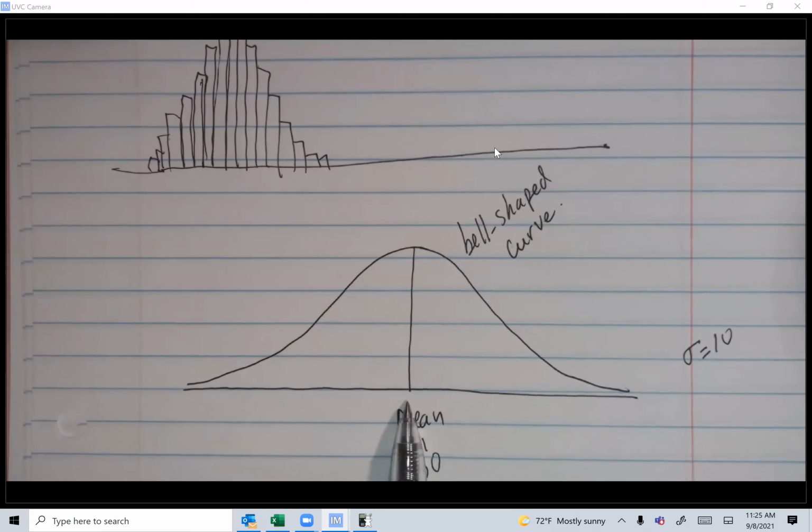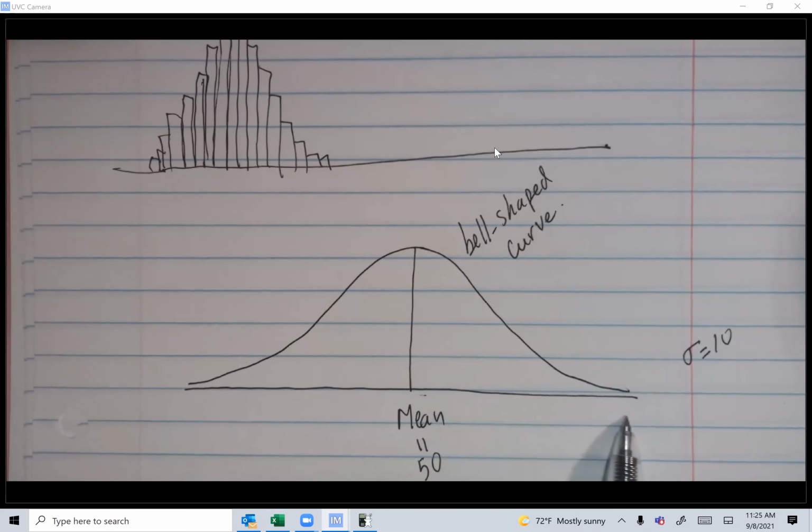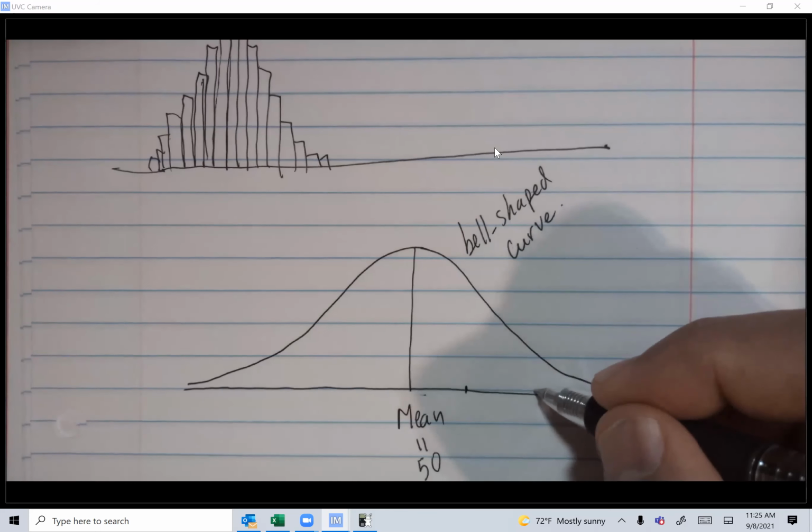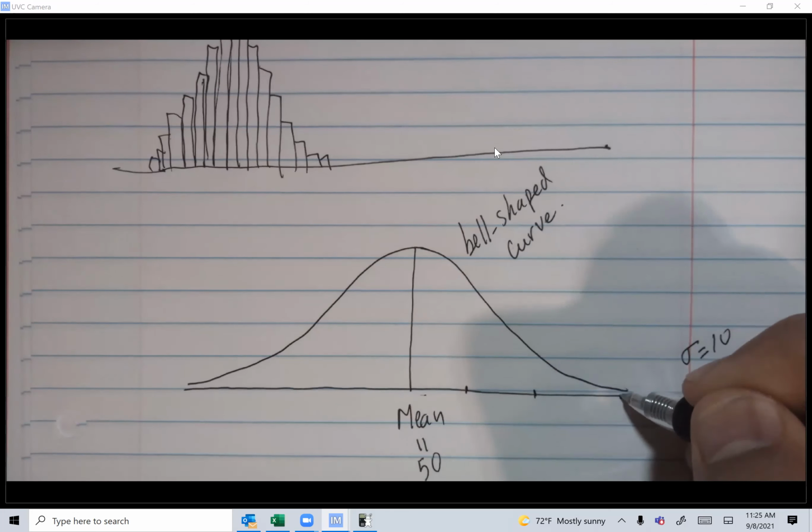As you know, the mean is right in the middle, in the center, that's 50. And values that move to the right are larger than the mean, and values that move to the left are smaller than the mean.